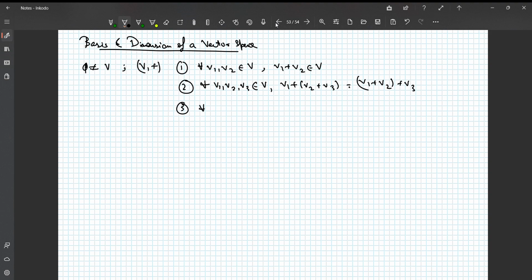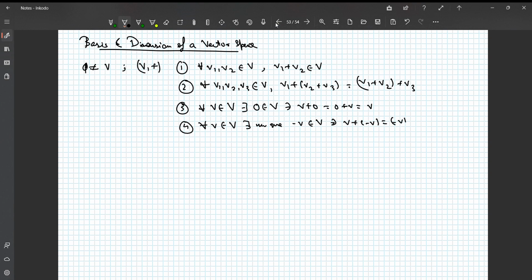Number 3, for all V in capital V, there exists an element 0 in V such that V plus 0 is equal to 0 plus V is equal to V. Number 4, for all V in V, there exists a unique minus V in V such that V plus minus V is the same as minus V plus V, and this is equal to 0.